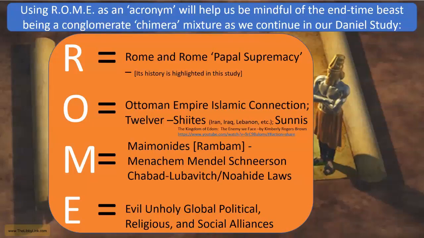And really the Sunnis and the Shiites often butt heads. They don't get along. So I gleaned a lot of information about them from a YouTube that Kimberly Rogers Brown did, and I'll share that either in chat or I'll send a follow-up email.